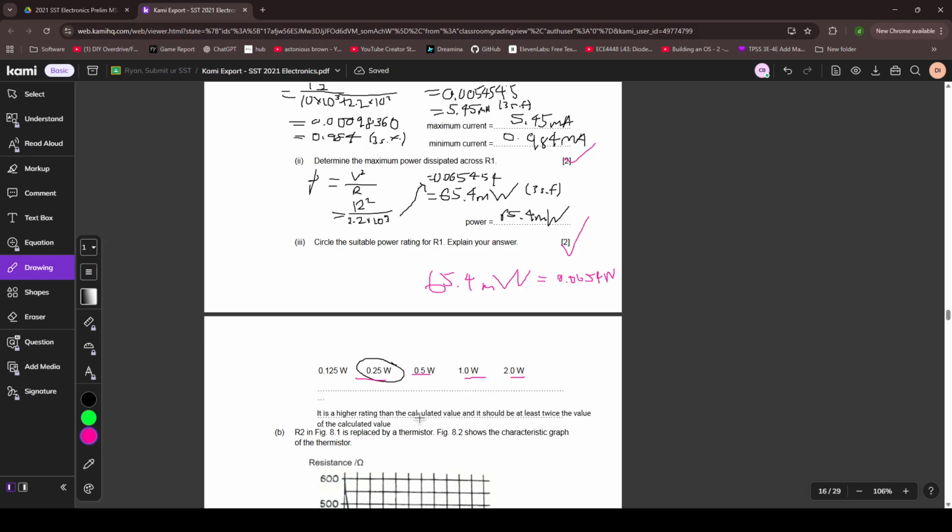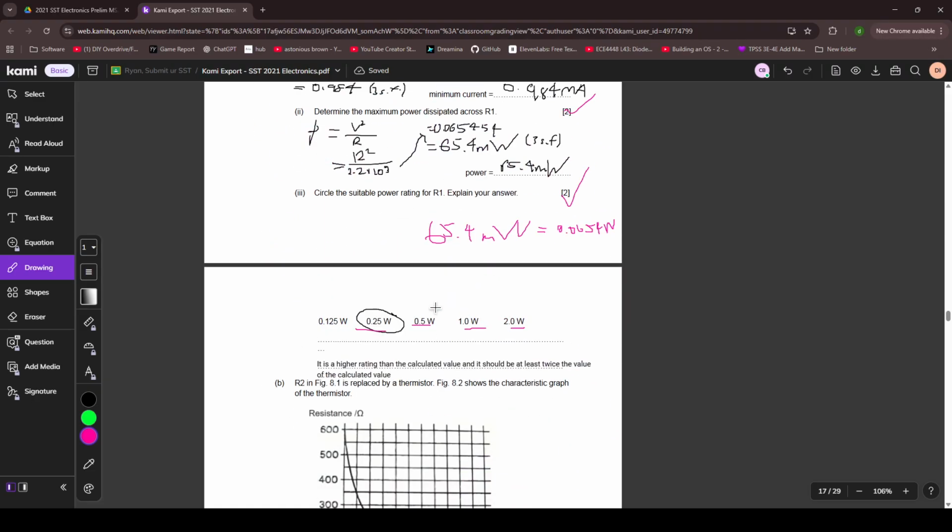That means it is higher rated than the calculated value, the calculated value being 0.0654 watts, and it is at least two times the calculated value, twice the calculated value being 0.12 or whatever. I would have preferred that. But I'm not marking you wrong, you're actually right. Your reasons are correct.